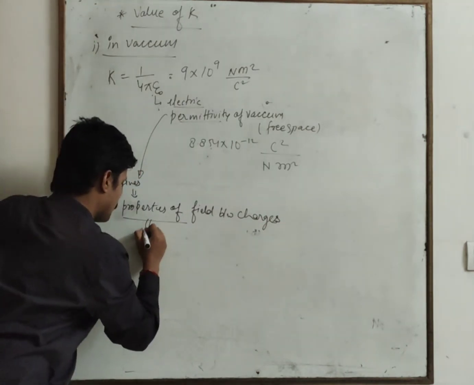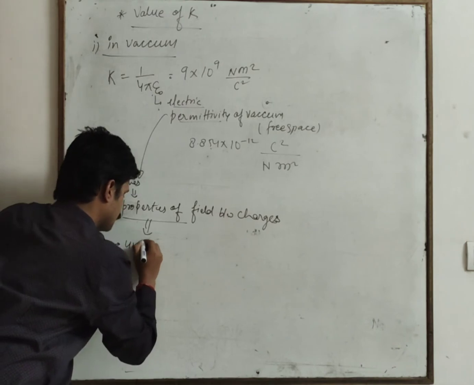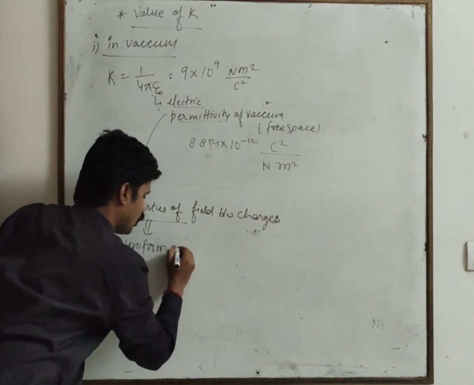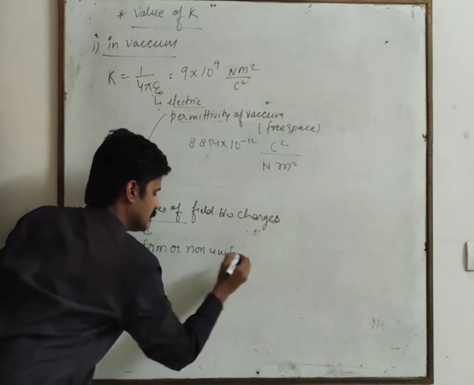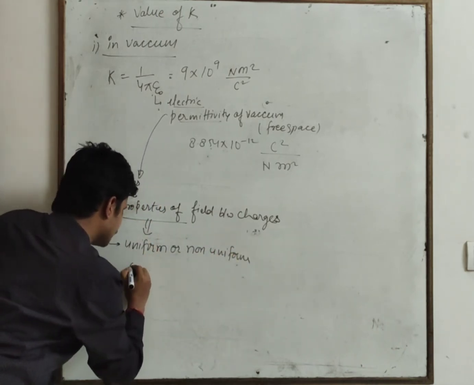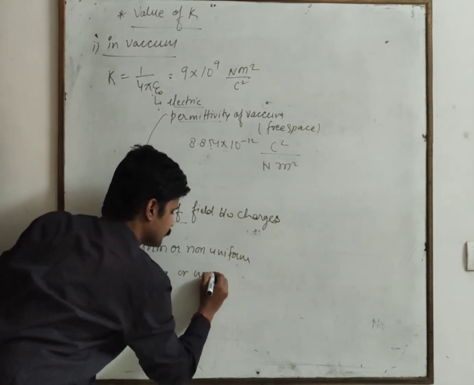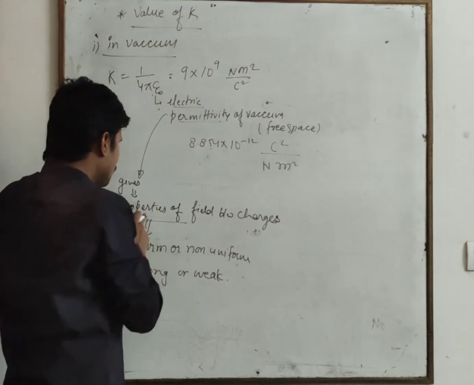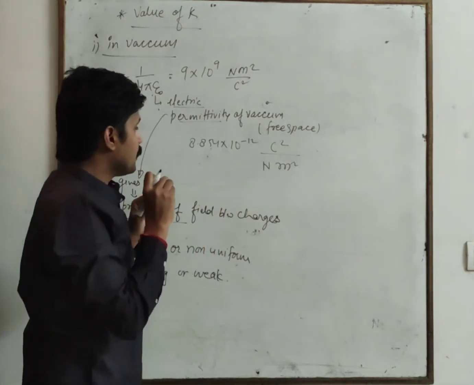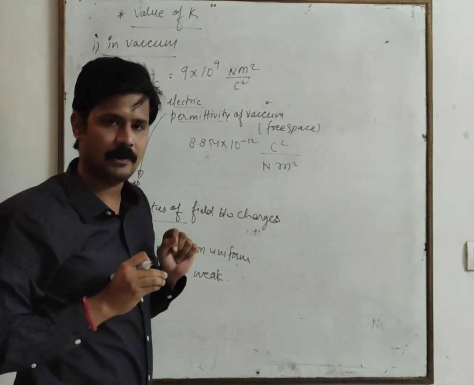Properties means first, field is uniform or non-uniform. Second, field is strong or weak. Understand? Then next lecture we discuss in detail about electric permittivity.